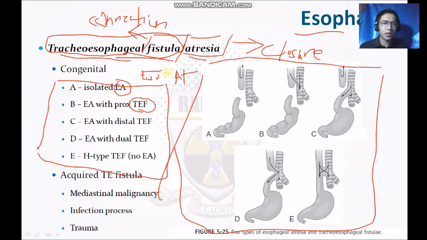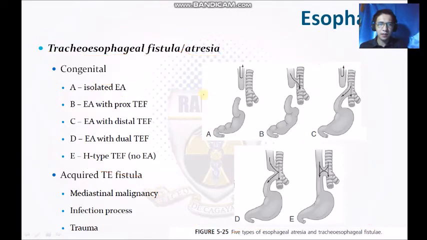So again, when you talk about atresia, that is the closure of an opening. So in your normal anatomic presentation, for example, if this is the oral cavity of the patient, and then this is the esophagus, supposedly the esophagus is connected to the stomach. This is the stomach of the patient. So they are connected.